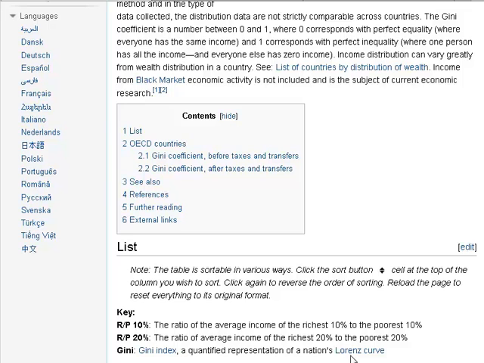It's used to measure how equally the country's wealth is distributed. The Gini coefficient is a number between 0 and 1, where 0 corresponds with perfect equality, where everyone has the same income, and 1 corresponds to perfect inequality. Okay? So now let's look at the data.